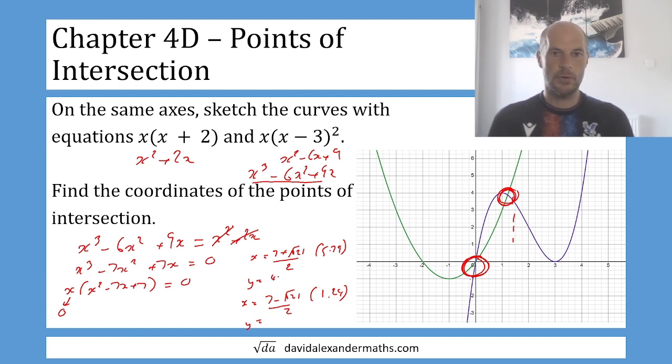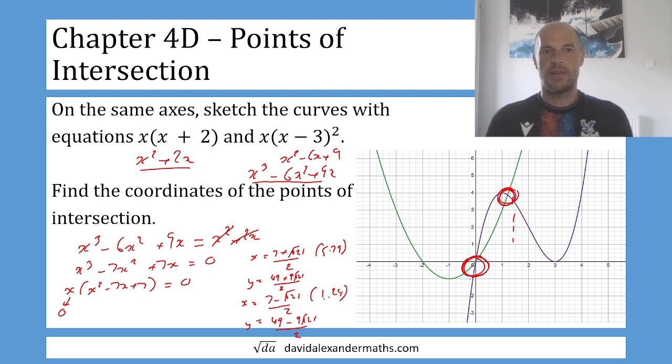I'm getting (49 + 9 root 21) over 2, and when I substitute this x value into x squared plus 2x, I'd much rather substitute it into the quadratic than the cubic equation. For this one I'm getting fairly similar except it's minus, so (49 - 9 root 21) over 2.